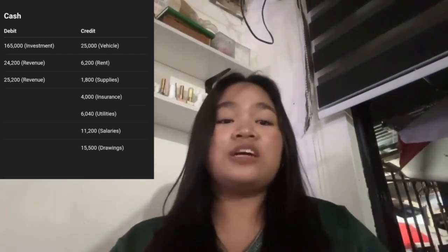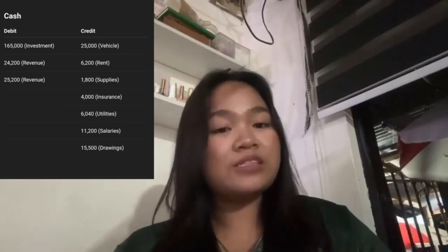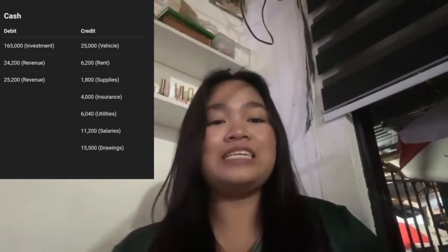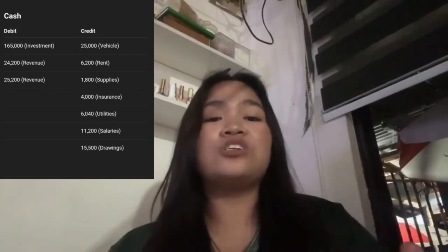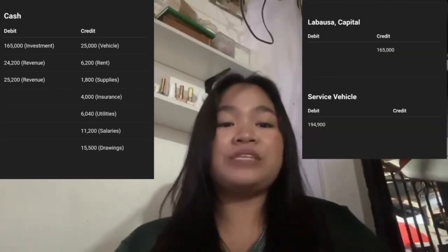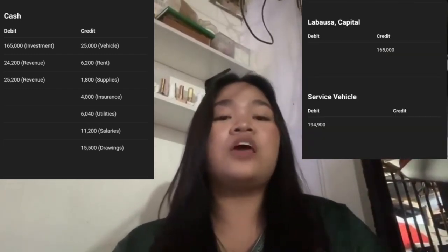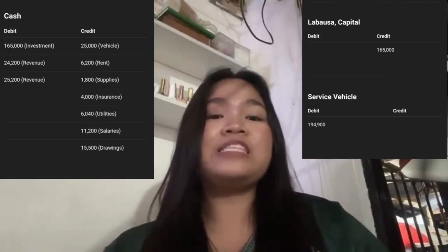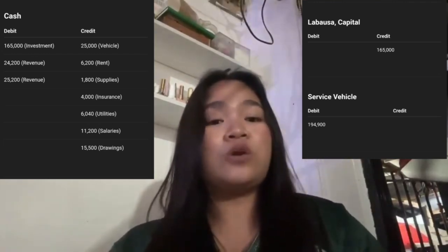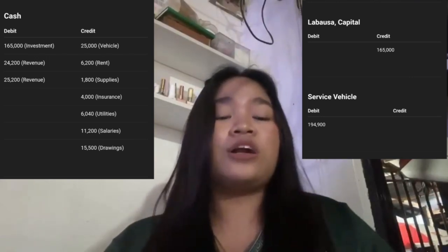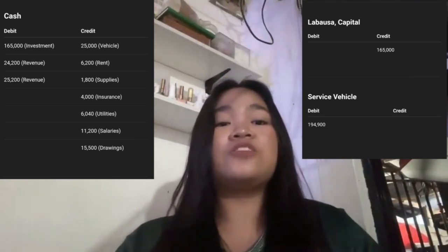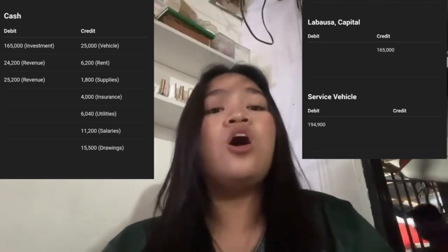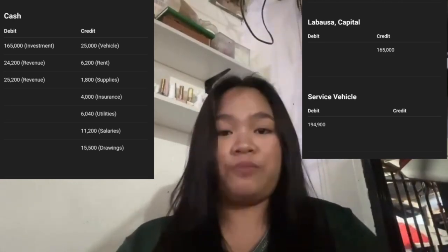A cash account shows a debit of 165,000 representing the increase in cash. Labausas capital account shows the credit of 165,000 representing the increase in owner's equity. Both accounts are affected by this single transaction, demonstrating the fundamental principle of double entry bookkeeping.